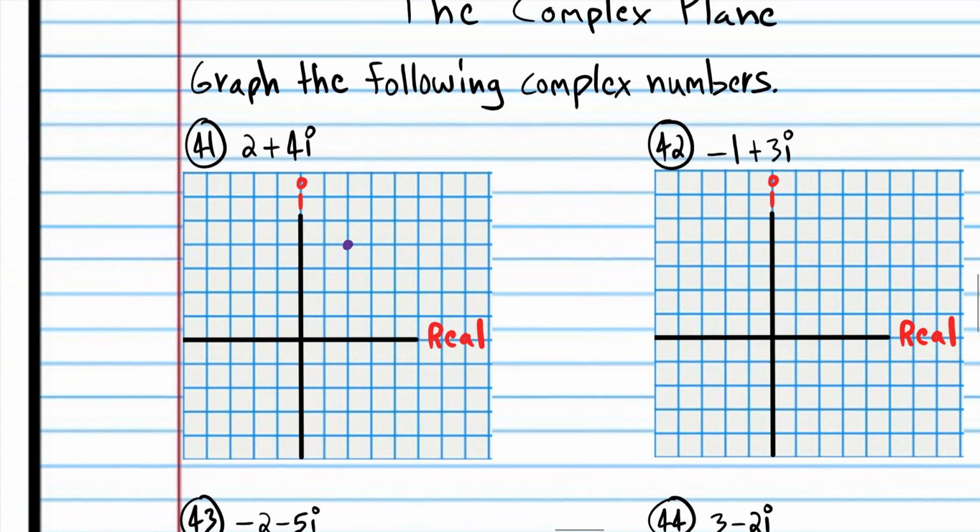Now, probably the main question that you're going to ask is, why? Why are we doing this? Why are we considering these numbers to be the horizontal and vertical movement on some plane? And why do we have a real axis and an imaginary axis? This is just one number.